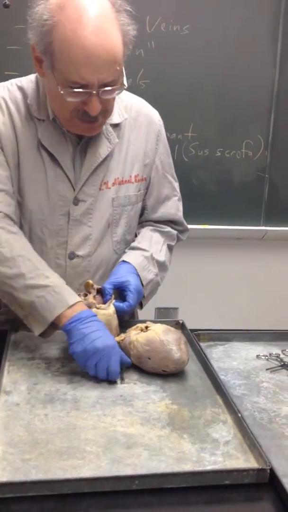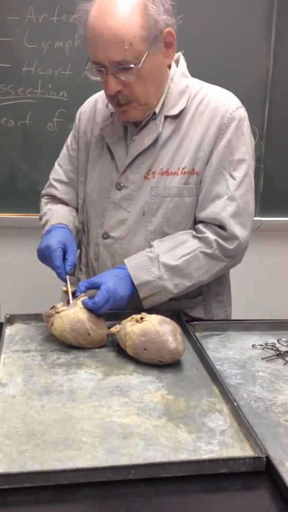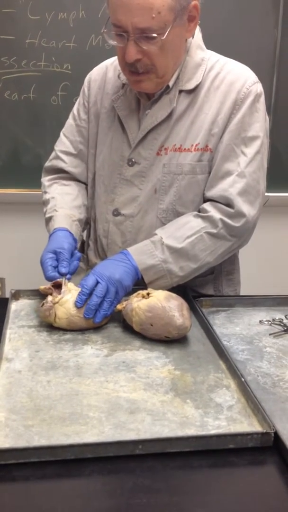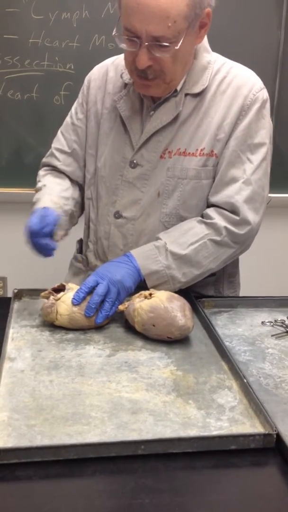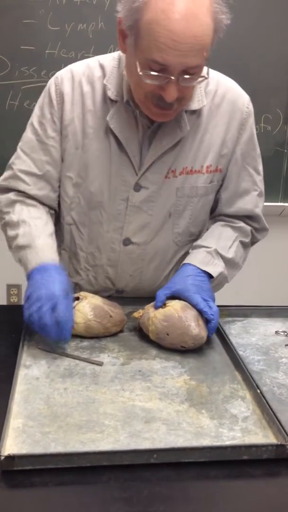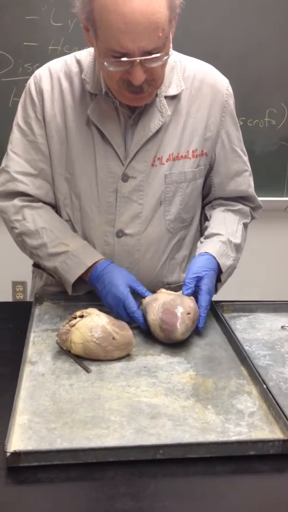The only vein left on this one is the coronary venous sinus embedded in the coronary sulcus, because that was below where they cut it off, but they cut off all the other great veins. What can I do here? We'll do the best we can here.